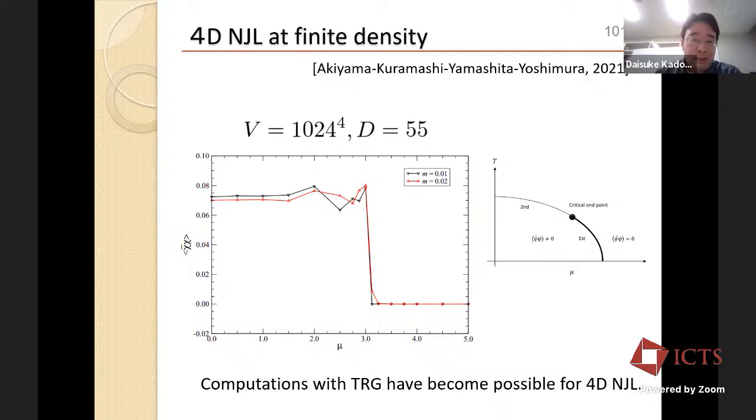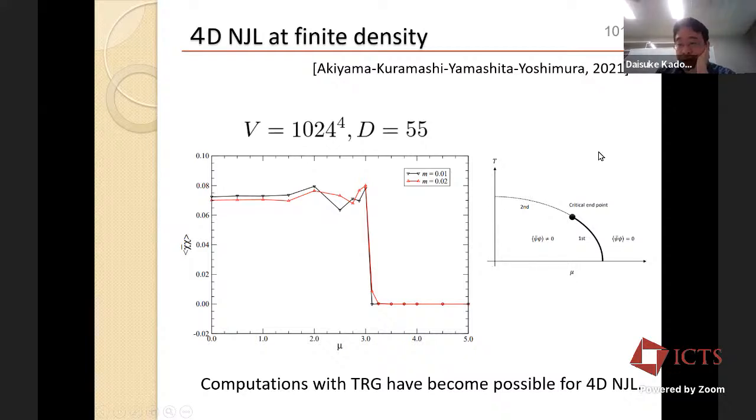The calculation is carried out on a supercomputer, and the lattice volume is 1024 to the fourth, D cut equals 55. And the x-axis denotes the chemical potential of this model.